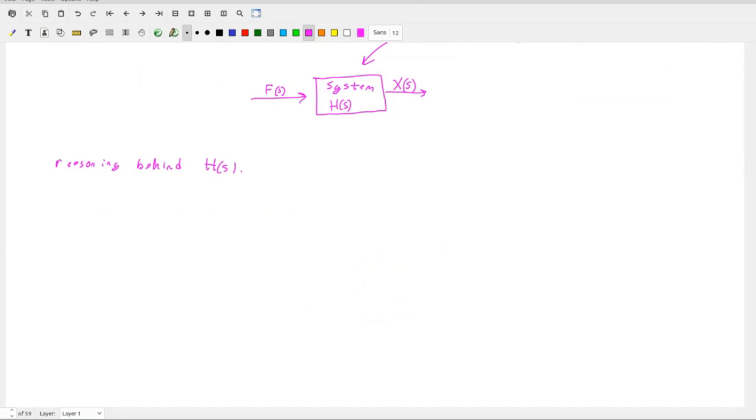Here we will show that the output of any system can be related to the input through a series of polynomial coefficients, A and B. So our output is related to input through a series of polynomial coefficients.